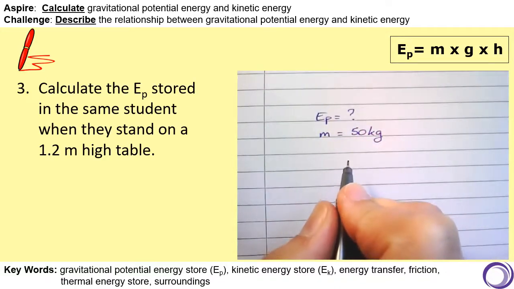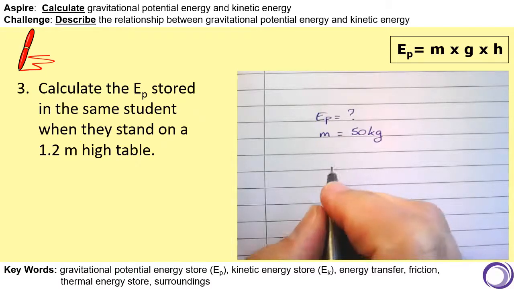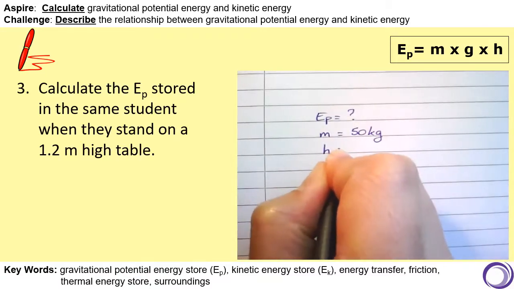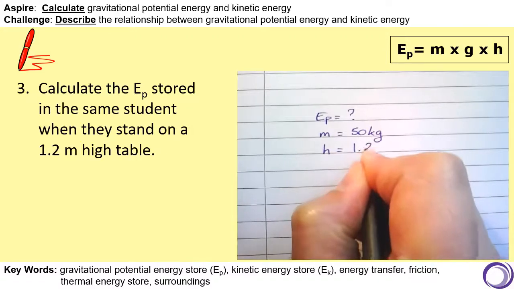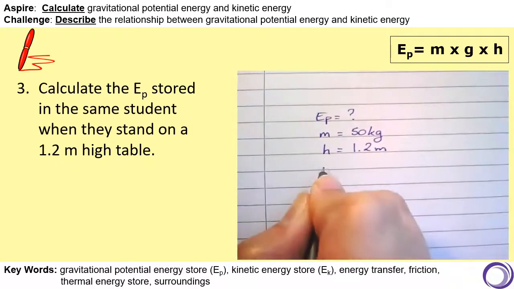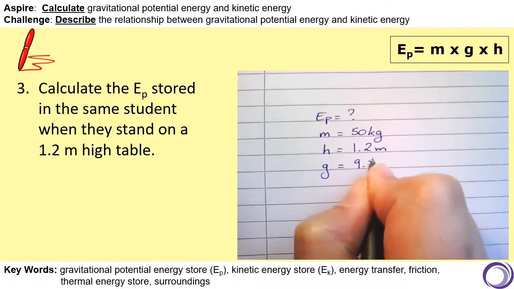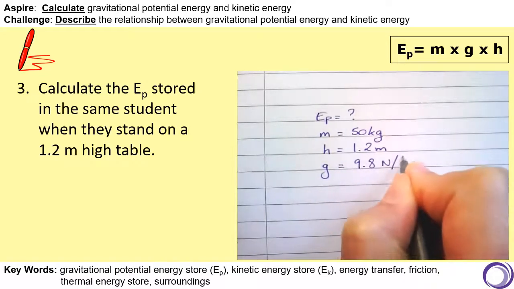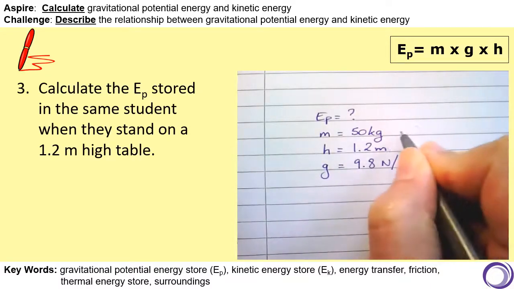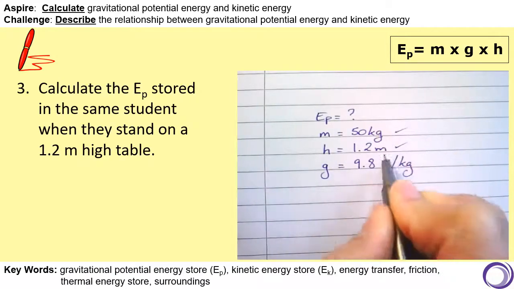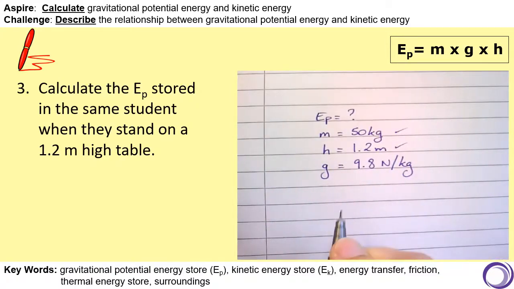And this time they are standing on a table which is 1.2 meters high, so that's our height. So height is 1.2 meters. And again, you can add G, you know that we're on Earth, so that's 9.8 newtons per kilogram. Quick check of the units given, they're correct, kilograms and meters, so we're good to go.